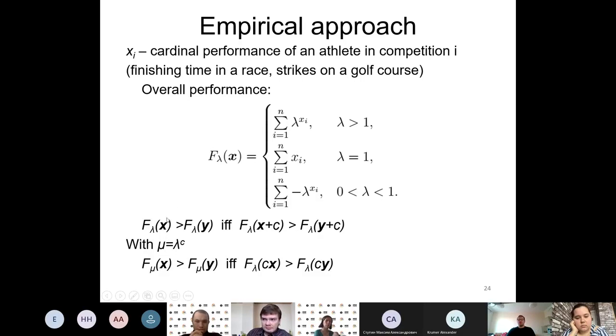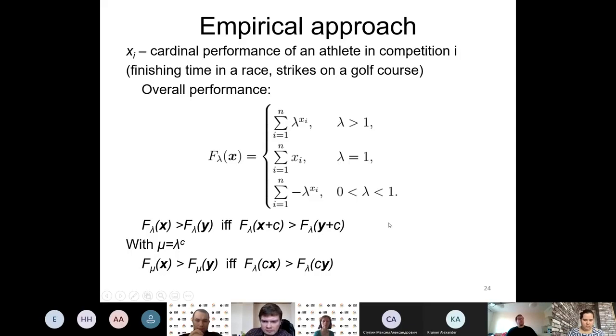If we have two candidates, one candidate has a distribution of his cardinal results x, another candidate has a distribution of his cardinal results y, and suppose f_lambda of x is more than f_lambda of y, it means that x is better than y. And it is in fact if and only if f_lambda of x plus any constant c is more than f_lambda of y plus any constant c.